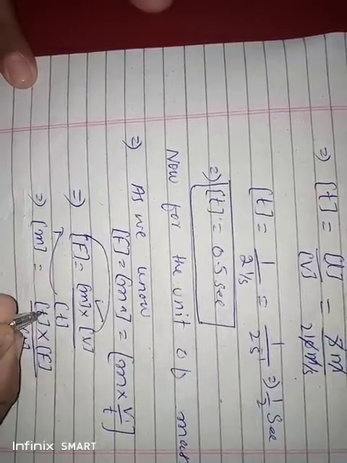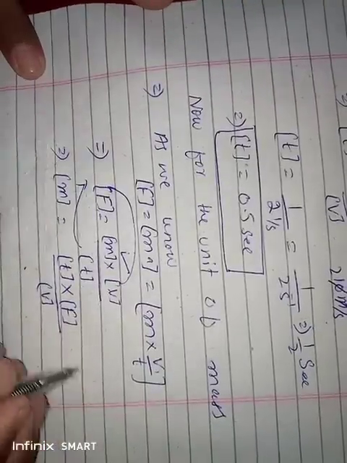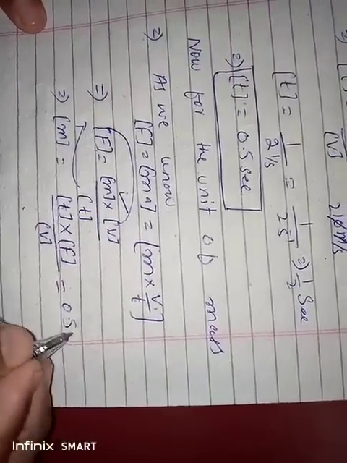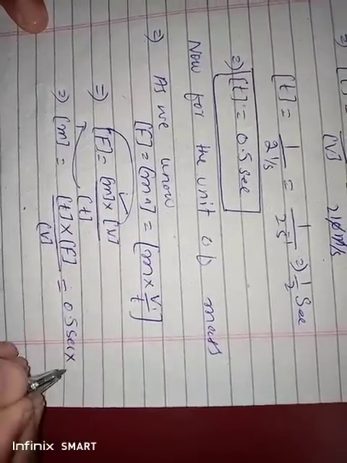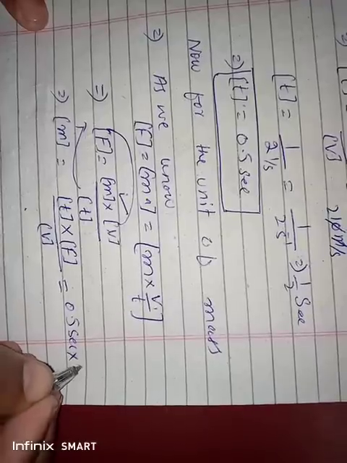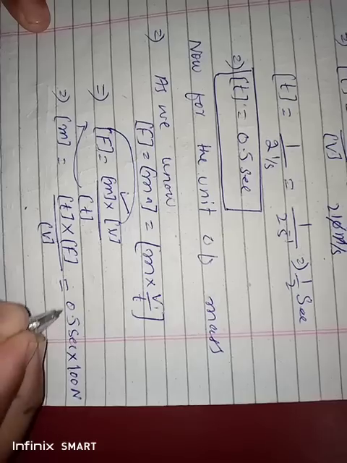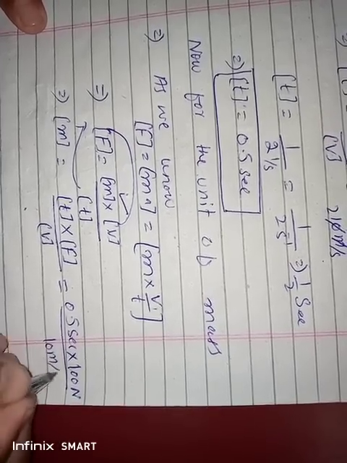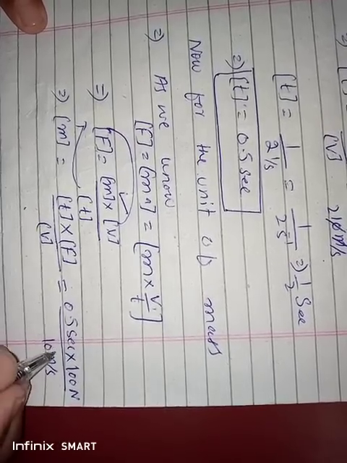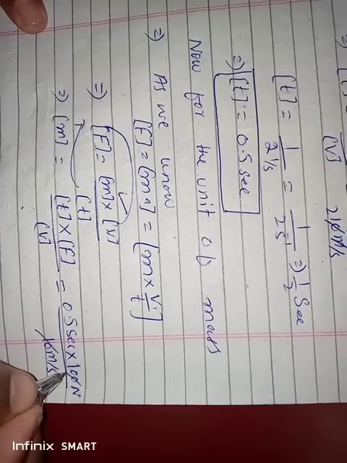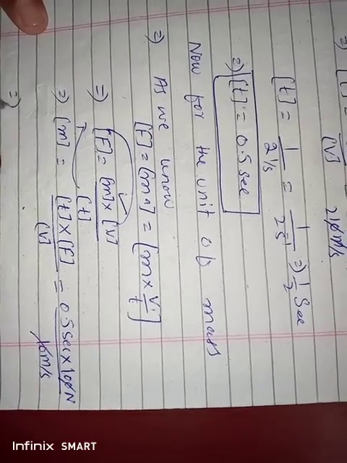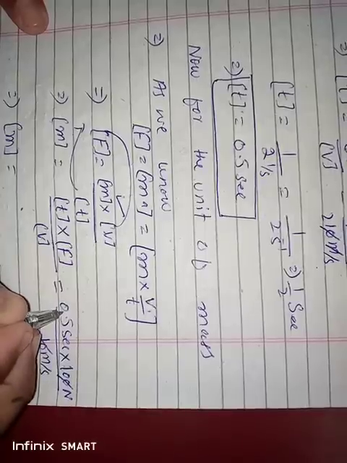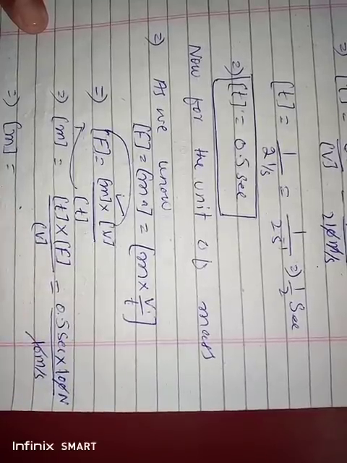By putting the values of time, force, and velocity: time is 0.5 second, force is 100 Newton, and velocity is 10 meter per second. By solving, 10 will cancel with this 0, and 10 multiplied by 0.5 is equal to 5.